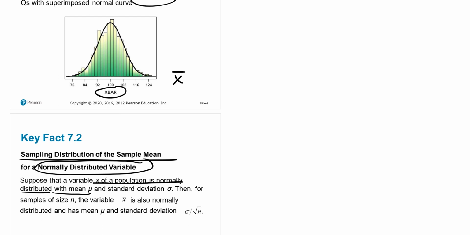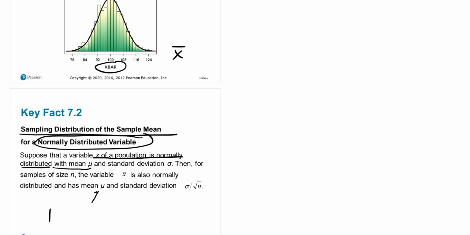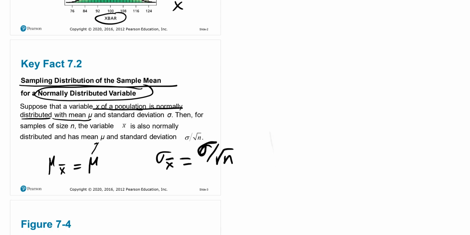Then for samples of size n, the variable x bar is also normally distributed, with mean mu sub x bar equal to mu, and standard deviation equal to the population standard deviation divided by the square root of n, from the previous section.